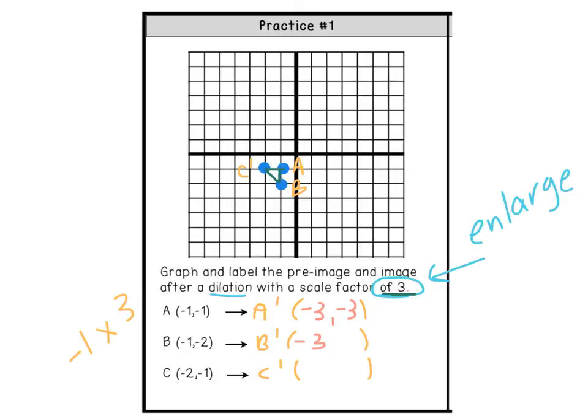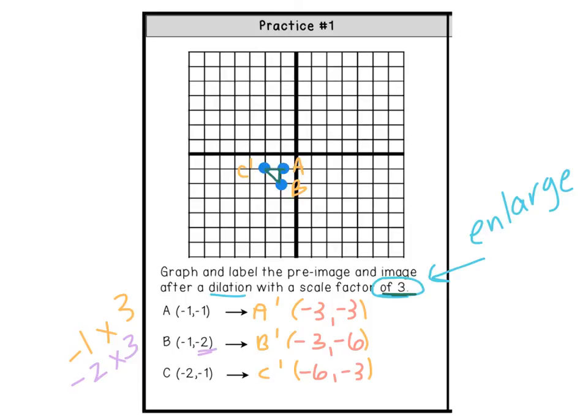Okay, now be careful here because this is negative 3, right, or negative 2 times 3. Okay, so that's negative 6. And then we're doing negative 2 times 3 again, which is negative 6. And then negative 1 times 3 again, which is negative 3. So it's kind of interesting we have the same numbers basically for everything here.